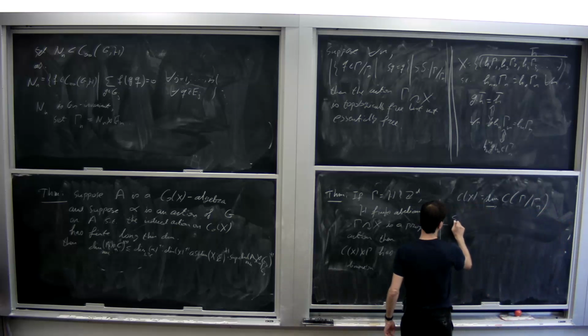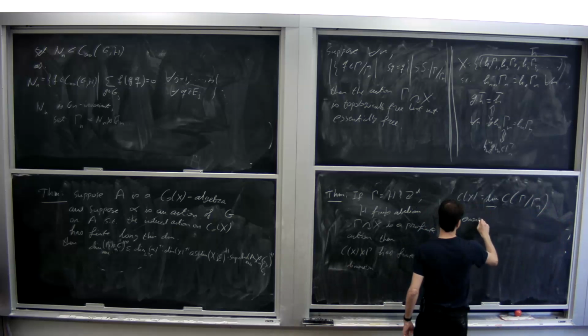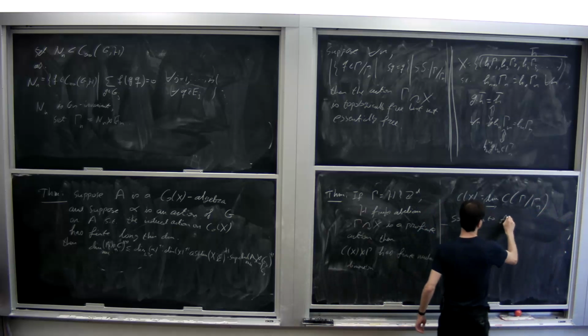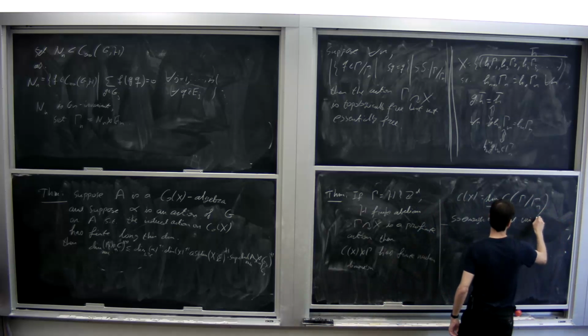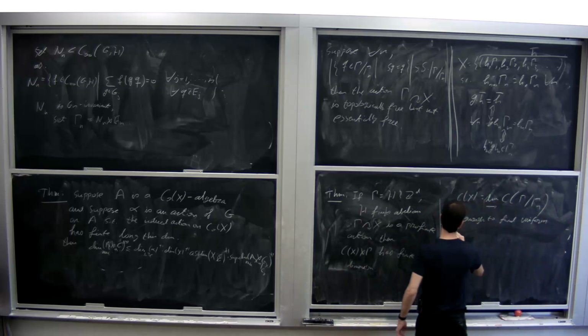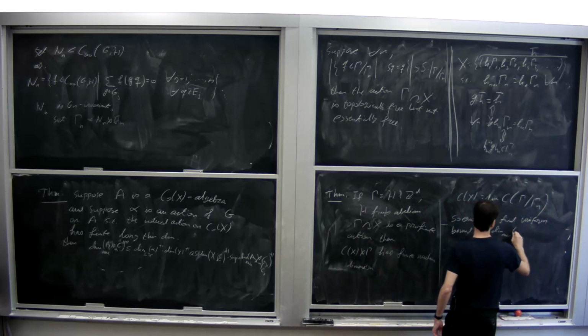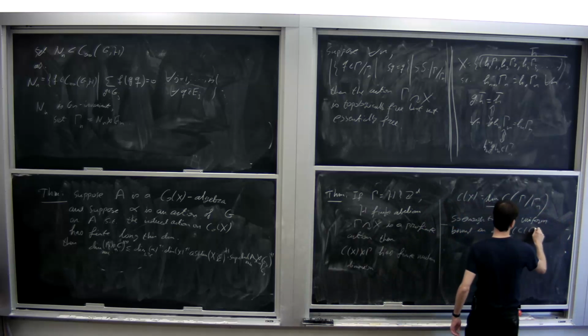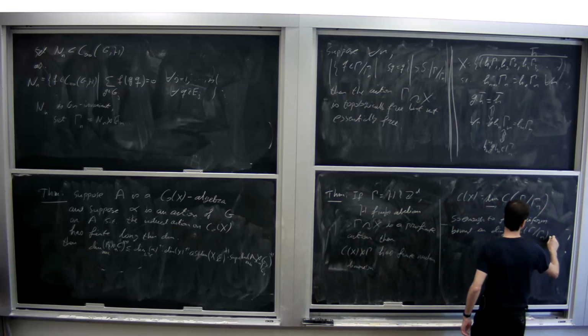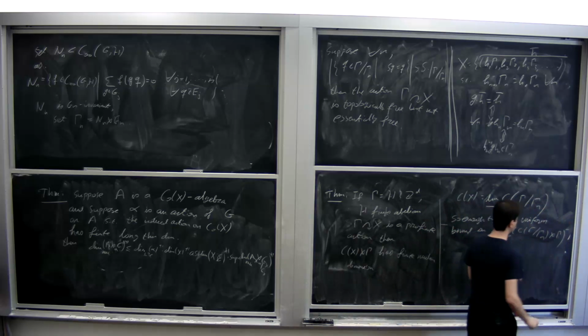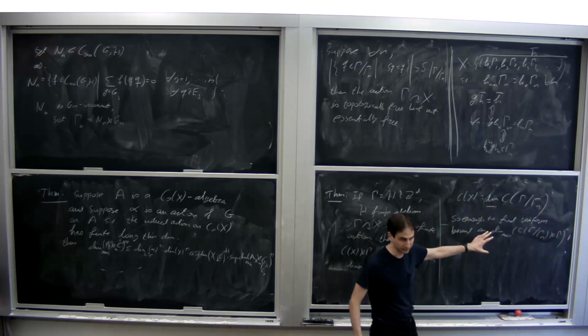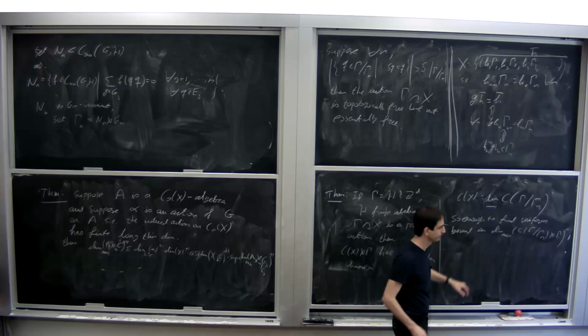So we look at the nuclear dimension of C(gamma mod gamma_n) semi-direct product gamma, because the cross product is an inductive limit of those things. Now, what are those?